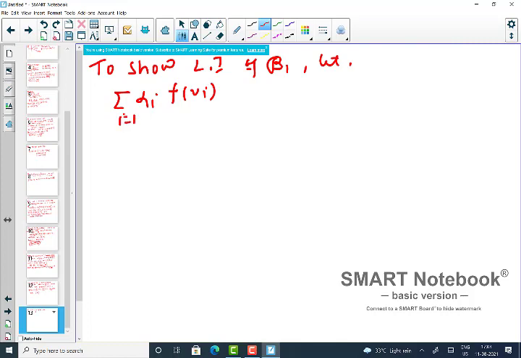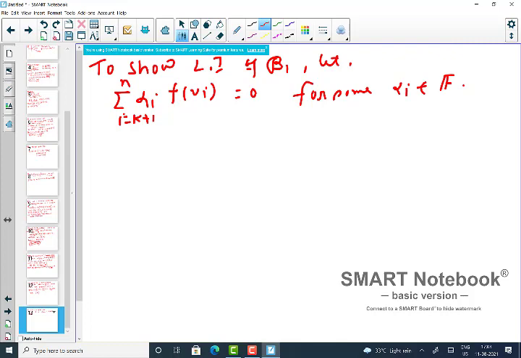This is 0 for some alpha_i belonging to F. Now if this is 0 for some alpha belonging to F, then we need to prove that these alphas are actually 0. Then we are done, right? All the alphas are 0.